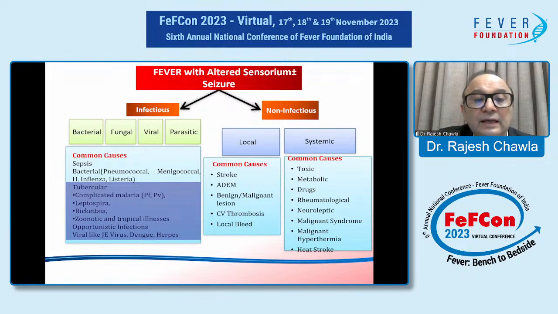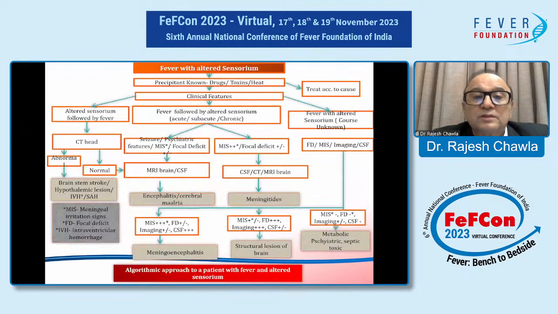Rickettsia and the JE virus, local bleed. Then toxic and metabolic causes and drugs can also result in fever and altered sensorium: neuroleptic malignant syndrome, heat stroke, and malignant hyperthermia. So they will cause non-infectious fever with altered sensorium.